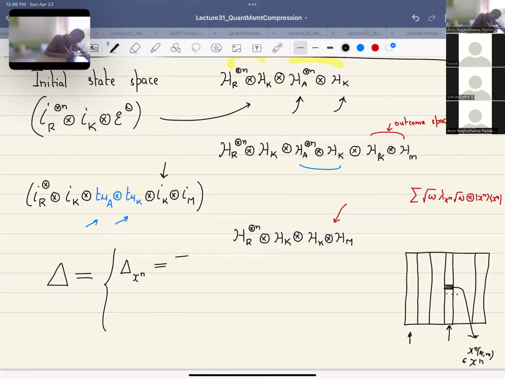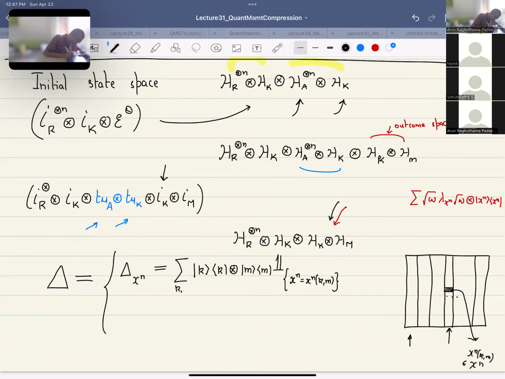It operates on k comma m, so its operators must operate on that space. So this is what my POVM operator is: |k><k| tensor |m><m| times the indicator function that xn equals xn of k comma m. So whenever xn of k comma m is xn, you throw out xn. That's in English what this measurement is doing.